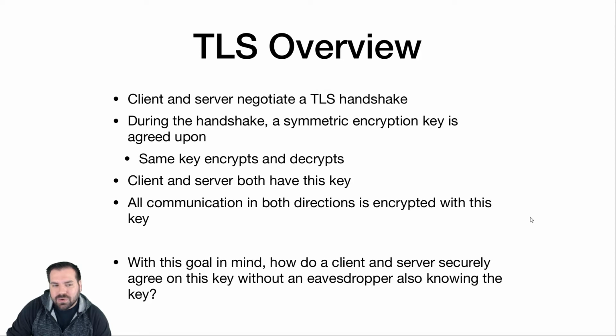And do so in a secure way. So we want to communicate effectively and securely to agree upon this symmetric key without opening ourselves up to an eavesdropper or a man-in-the-middle attack or being vulnerable to just packet sniffers or whatever we have going on. Whatever attackers are out there, we want to agree on a symmetric key without anybody being able to break our security.